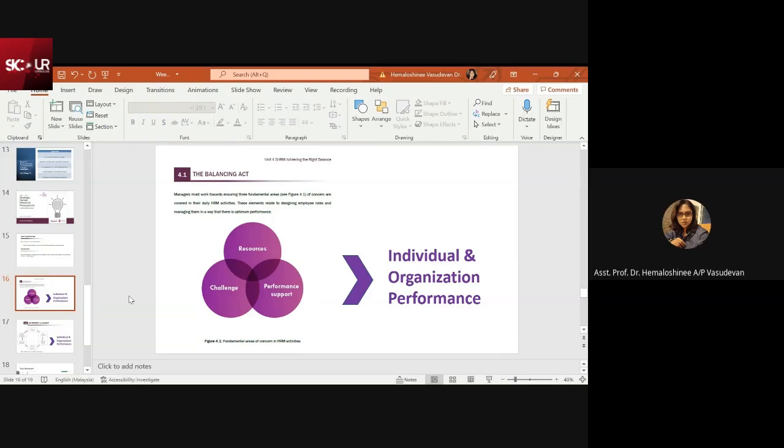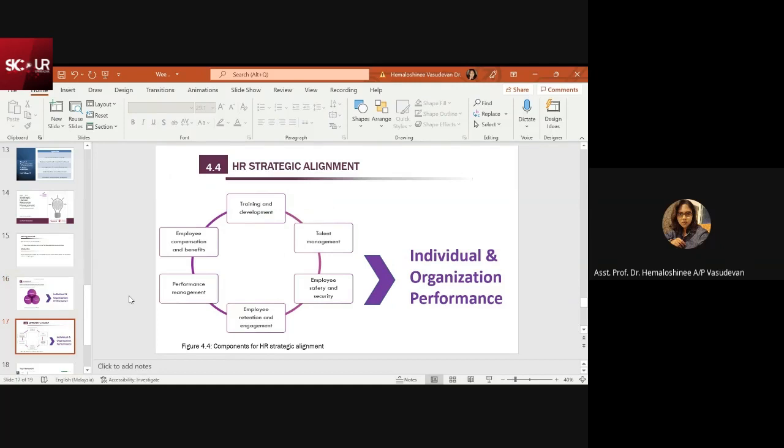It will be supported by the employee and the management itself to achieve the goals. So if you look into these three components, you are able to increase your organization's performance and individual performance. So these are the three HR activities.